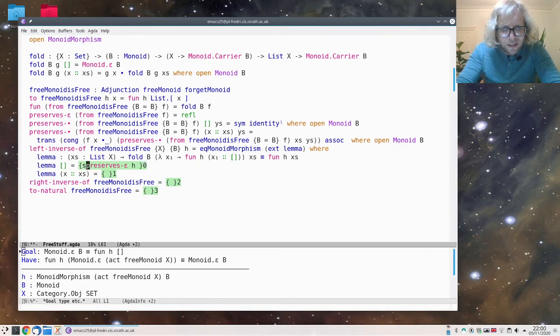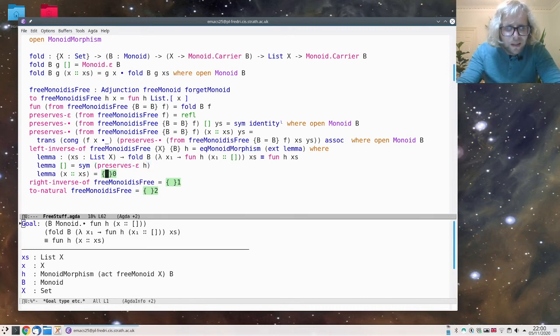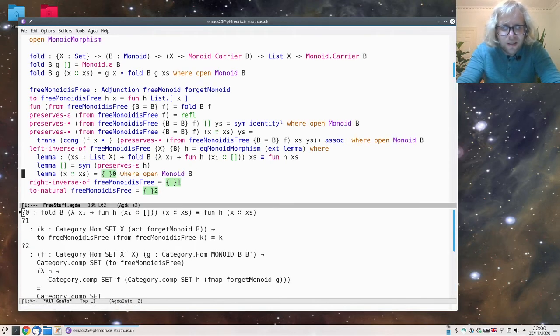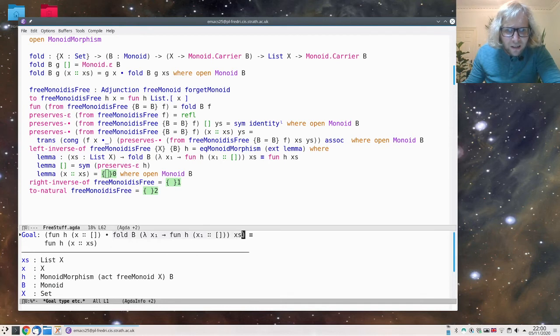Okay, so that looks right, except that it's the wrong way around. Okay, and what about this one? Let's open B so we can see what's going on. Okay, this again looks like a recursive call, right?